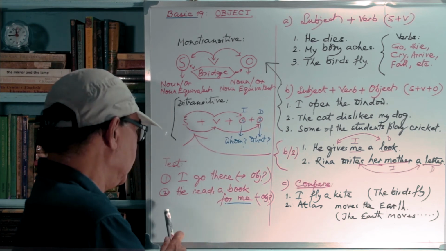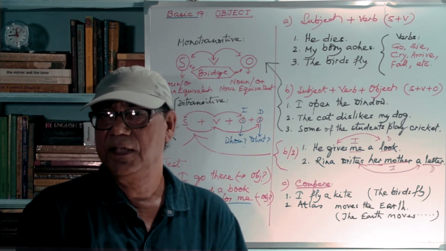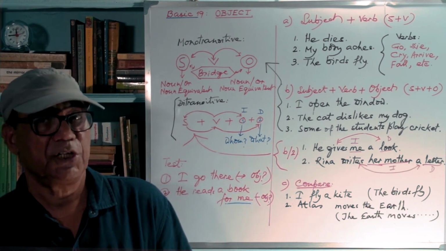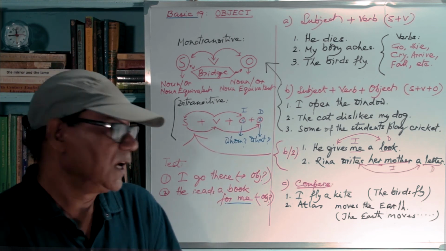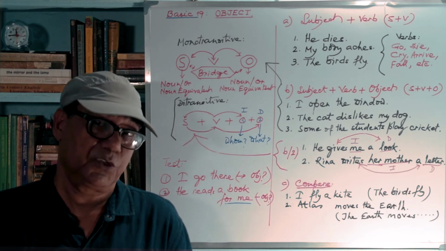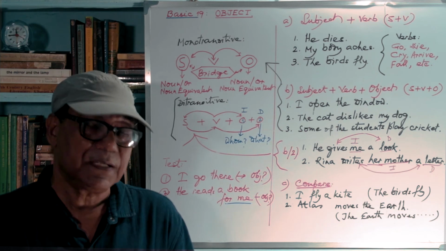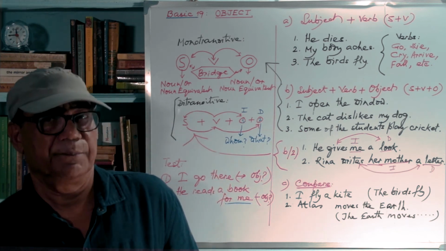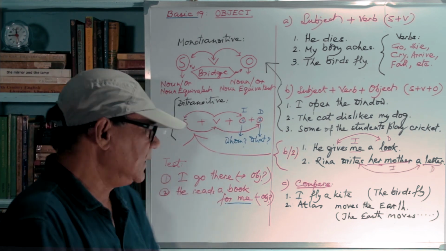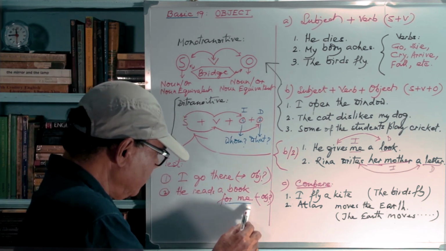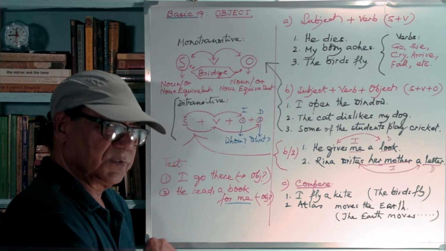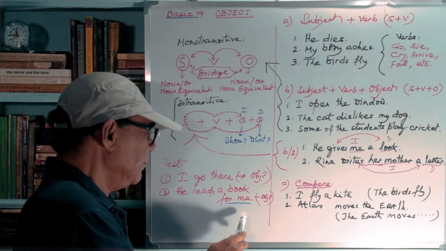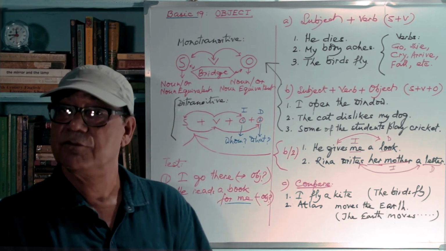Then second sentence, he reads a book for me. He reads a book. This part is transitive verb. There is an object: he subject, reads verb, a book, object. And for me, me is an object form of I. But since there is a preposition called for, there is a problem. Problem means this me does not belong to the verb read. Me is an object, but not object of the verb read, but object of the preposition for.